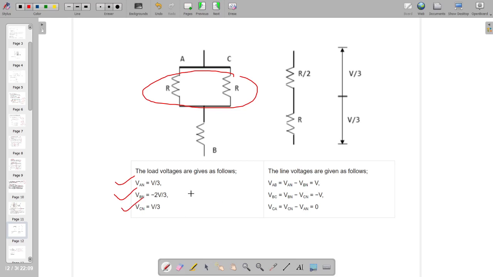So these are the load voltages. The line voltage VAB is equal to VAN minus VBN. Line voltage means the voltages between A and B, B and C, and C and A. Since C and A are not connected, that line voltage is equal to 0.